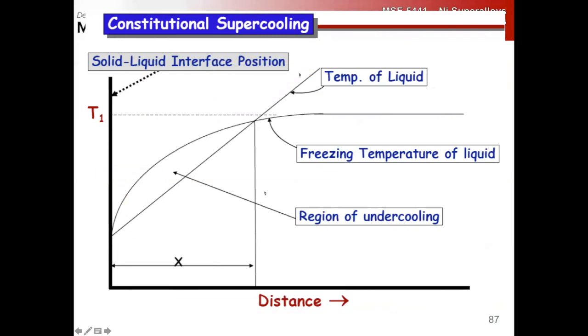So we have a region here where our actual temperature is below our freezing point, and we have a region of supercooling, undercooling, right? And this is what leads to the instabilities that cause the dendrite arms, right?